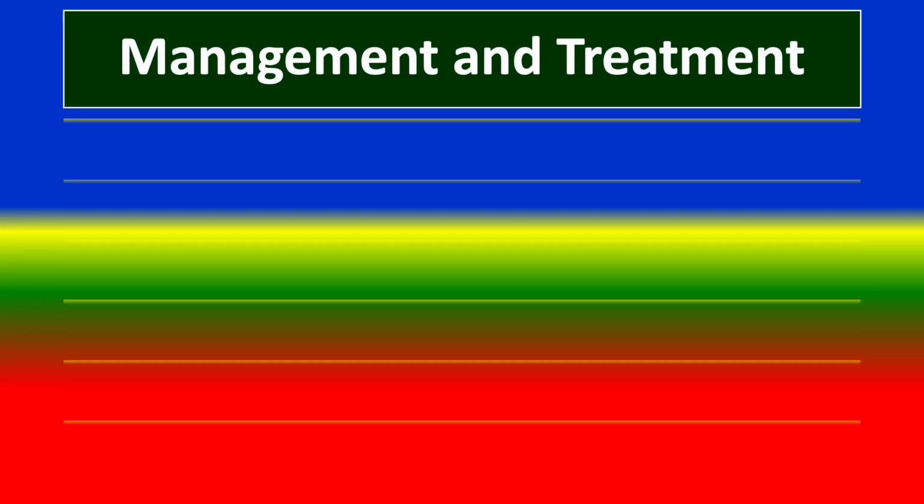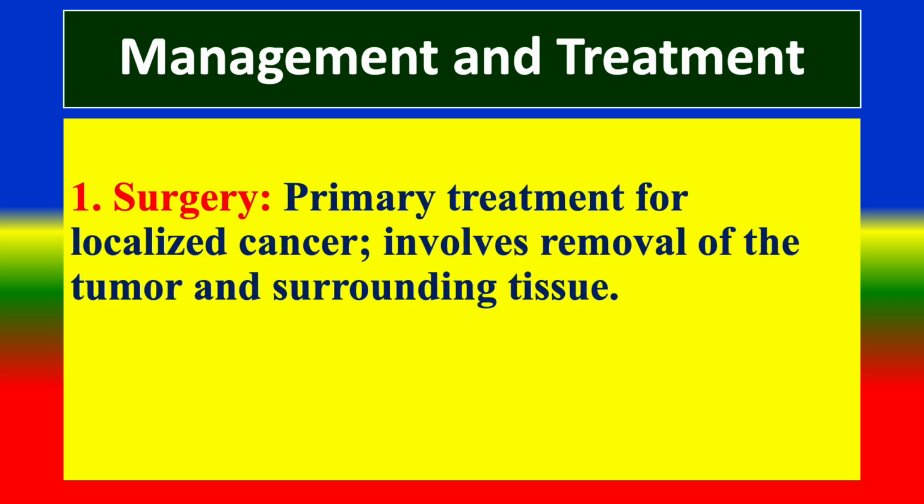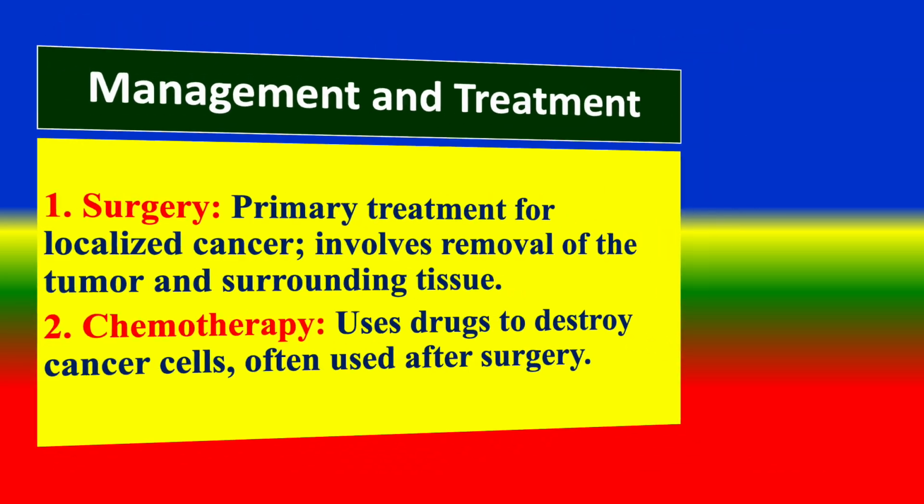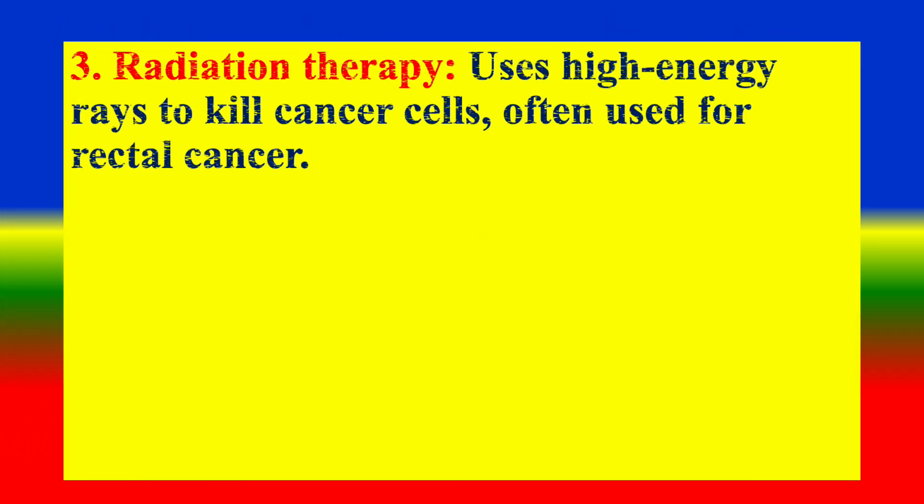Management and treatment. 1. Surgery. Primary treatment for localized cancer, involves removal of the tumor and surrounding tissue. 2. Chemotherapy uses drugs to destroy cancer cells, often used after surgery. 3.